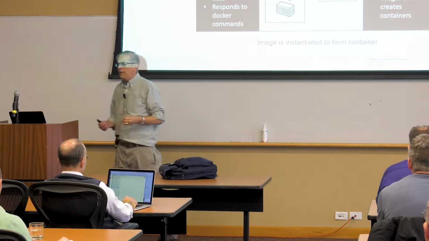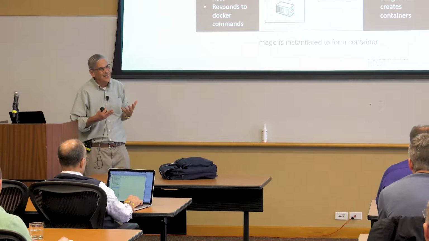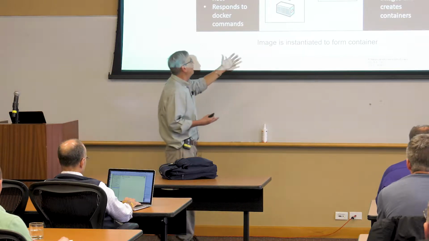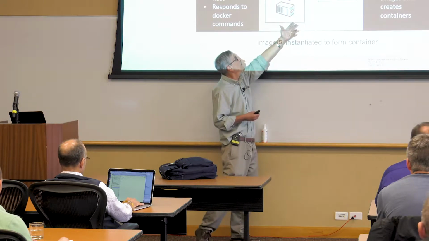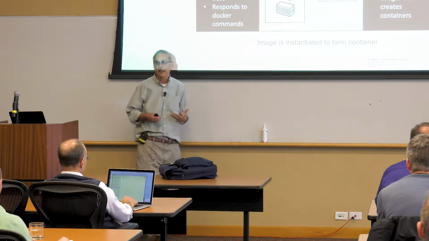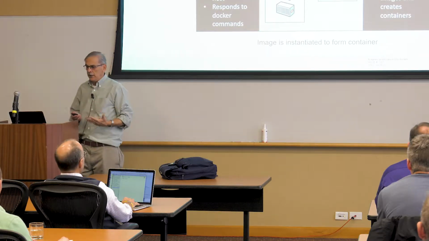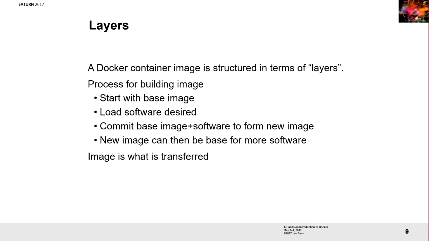So when you hear Docker containers, it's a little bit ambiguous because people tend to think more of the image than of the running thing. But that's the terminology. So an image is constructed in terms of layers. And this is essentially the key mechanism that Docker uses to become lightweight.